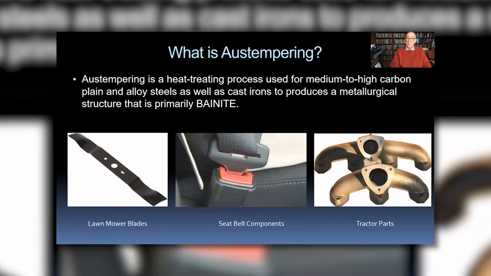So we're going to introduce various words that are related to different types of microstructures today, or these internal structures. But before we do, I've put on the screen a brief definition of Austempering. It's certainly a heat treat process.